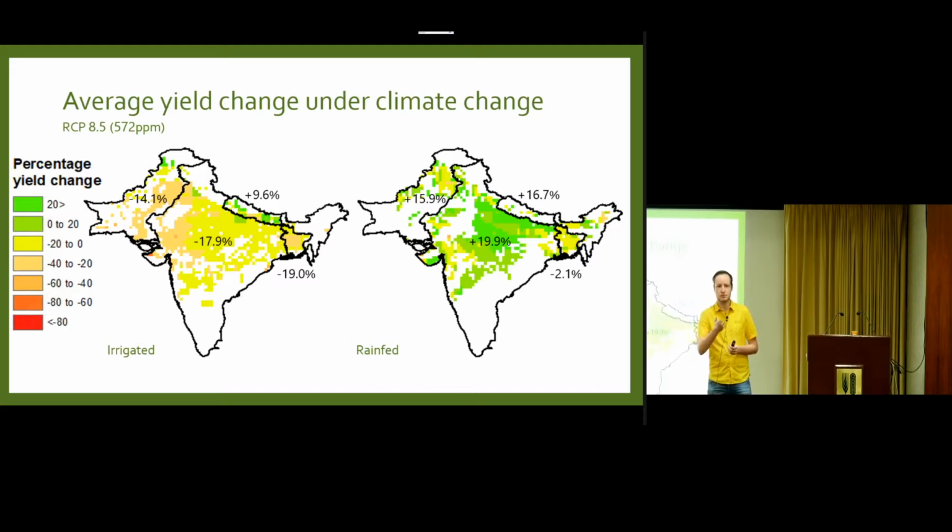Yes, Matthew. Should I wait for the mic? Yeah, please wait for the mic. So I see you have a CO2 scenario of 572. I assume that's what it is. Yes.